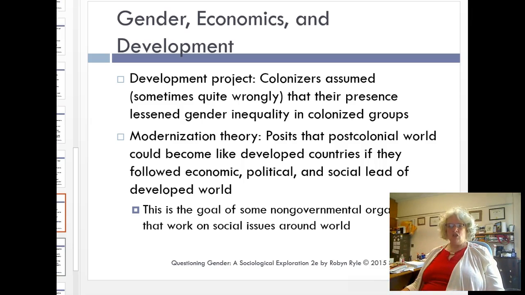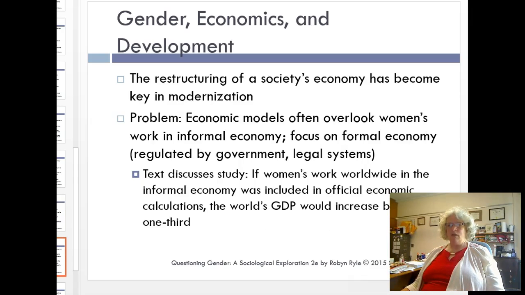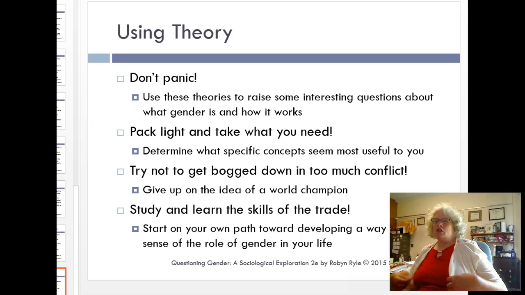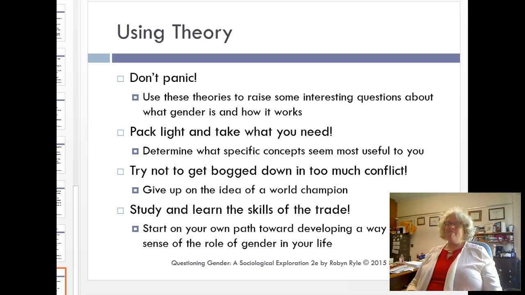We look at the changes from the economic perspective, and then we look at the economic problems that women face today in relationship to work and economy and moving forward. So, using theory. I love how they say don't panic. Use these theories to raise some interesting questions about what gender is and how it works.